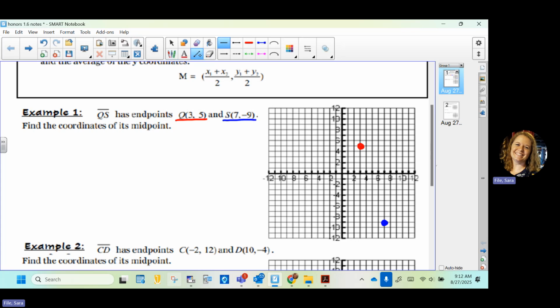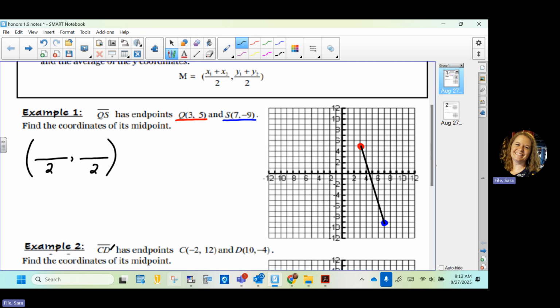So if you want to connect these and draw the segment, you can do that. And we're looking for the very middle point of that segment. A point halfway from one endpoint or the other. So algebraically, what that looks like is I write my formula, which is just the average of the x's and the y's.